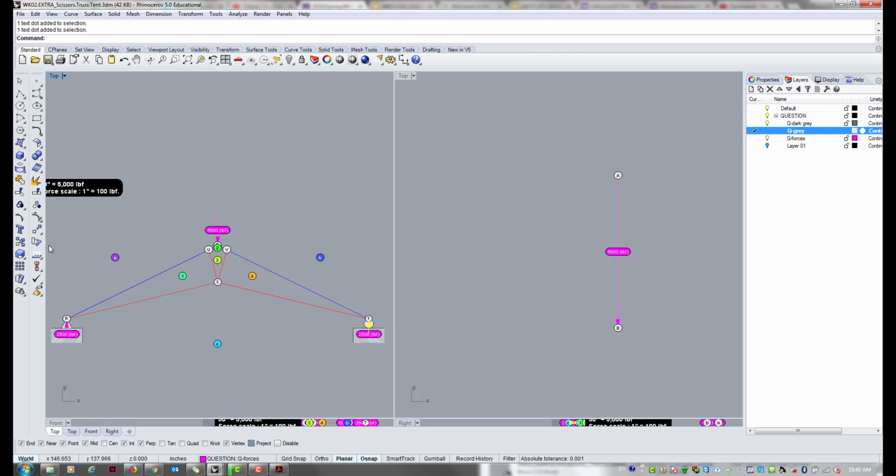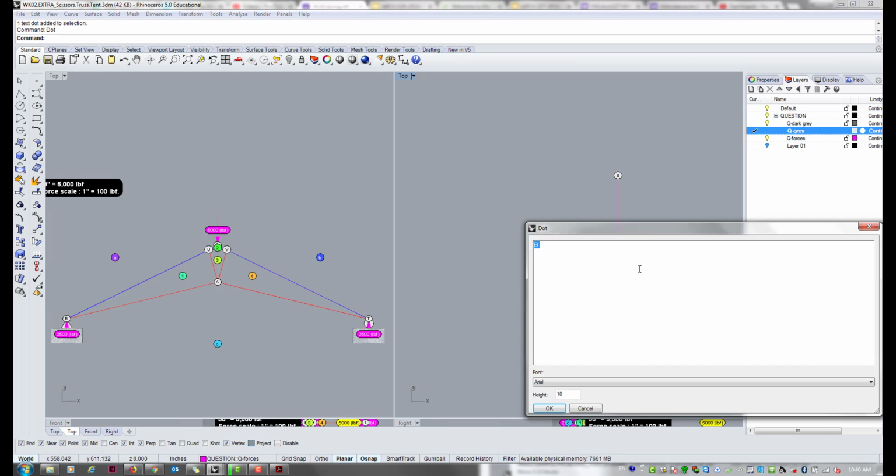The reactions should also be mapped, right? The reaction on the right is between B and C, and following that clockwise, it's going to be called BC. So it must start from point B. That's why I'm going to place it here.